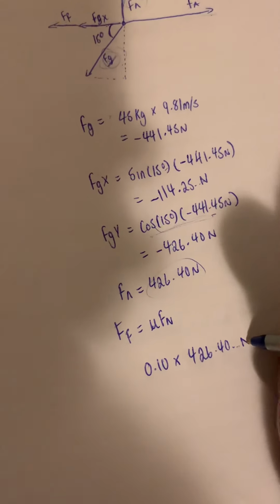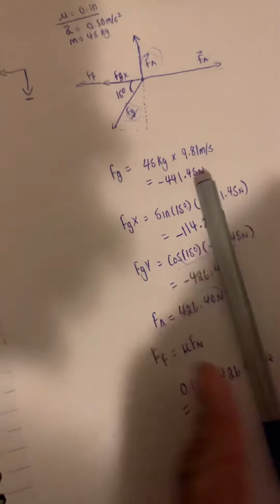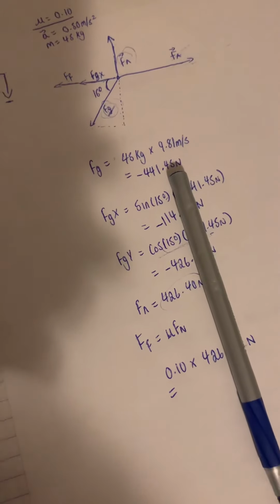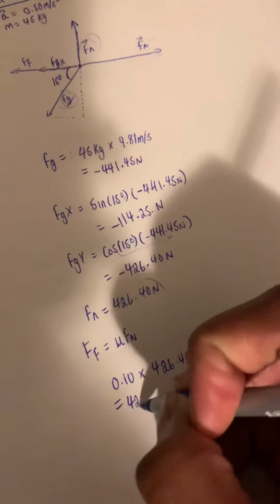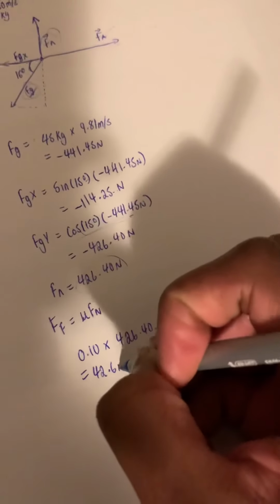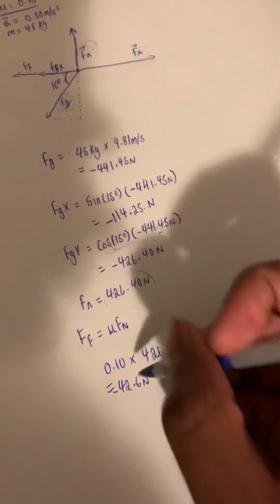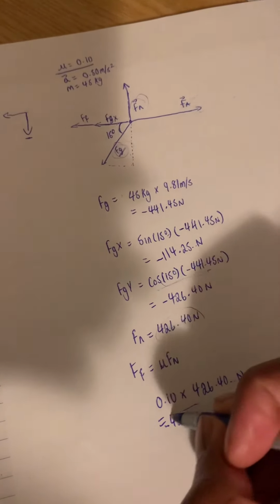I'm going to use it and round it in my calculator. And that gives us 42.6 newtons. Negative 42.6 newtons, because this is the negative direction for our frictional force right here.